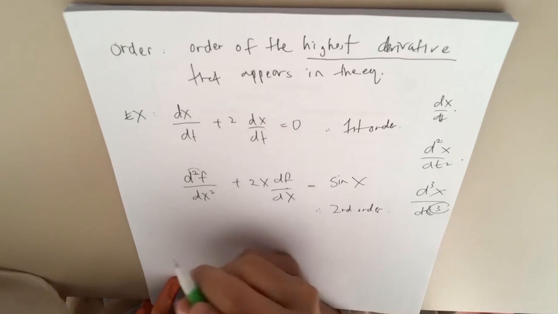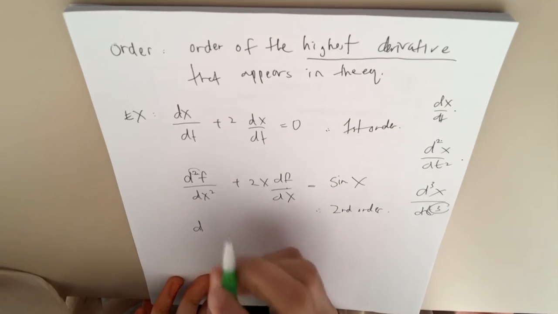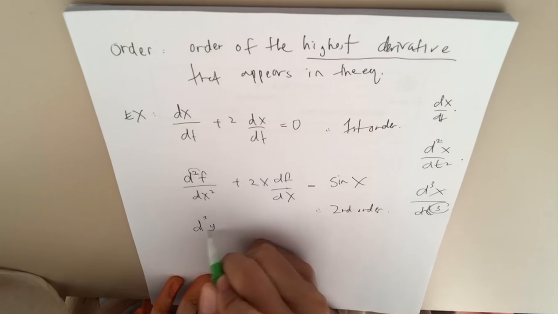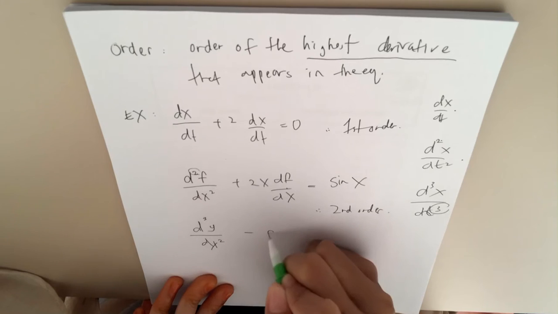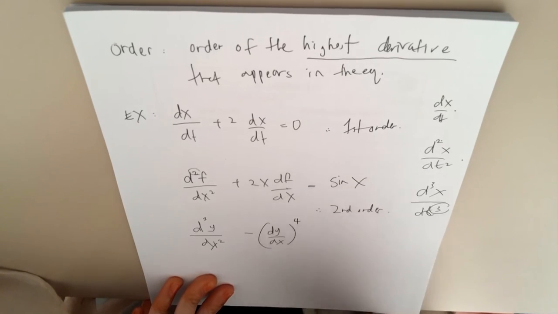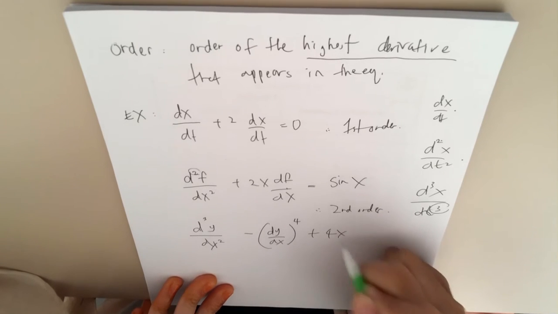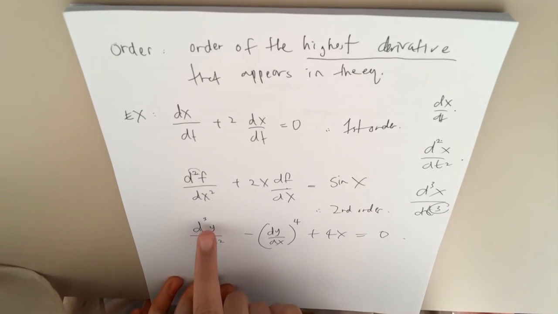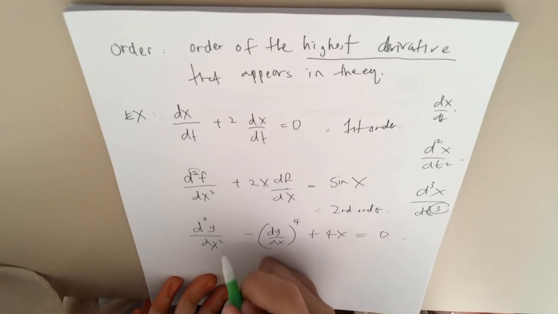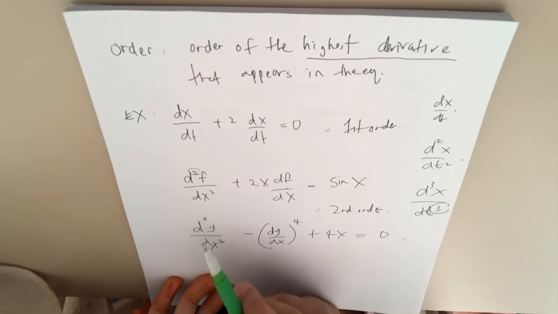Okay, last one. I give you an example: d cube y over dx square minus dy/dx to the power 4 plus 4x equal to 0. So for this term, the derivative involved here is the third derivative.